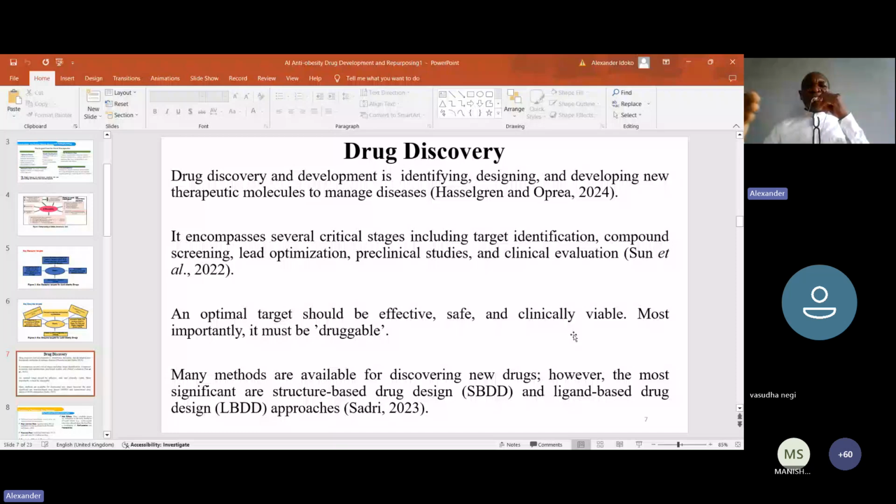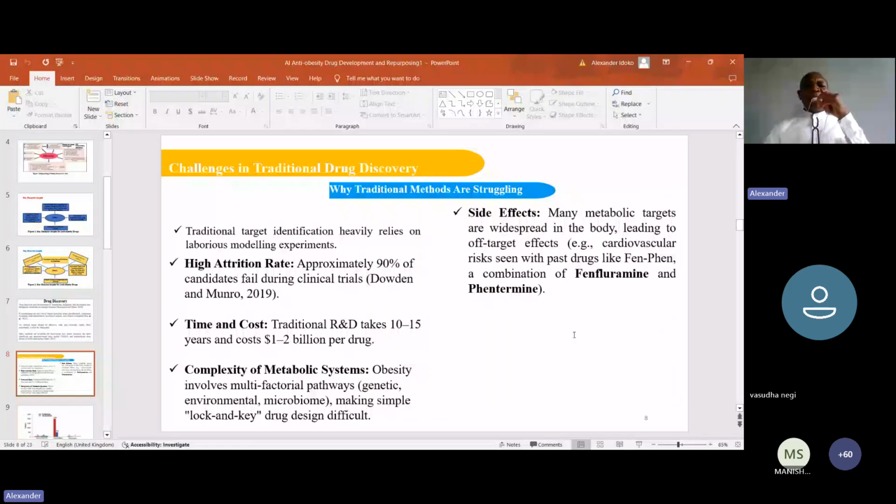Now, talking about traditional drug discovery, what are the challenges? It is commonly known that before the onset of AI-aided drug discovery, traditional drug discovery went through a laborious process taken through experiment, and most times they fail.